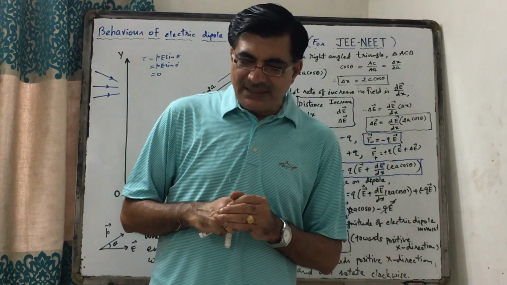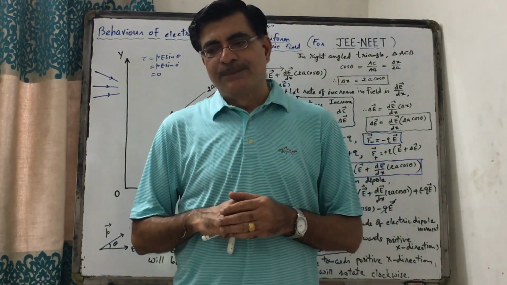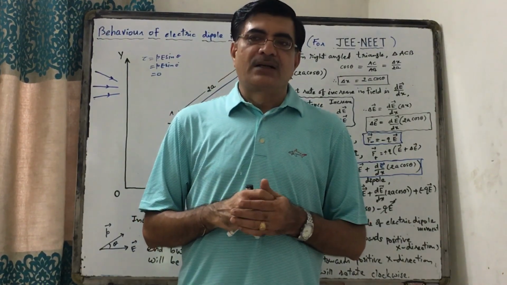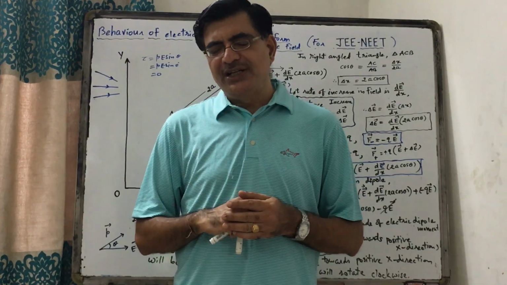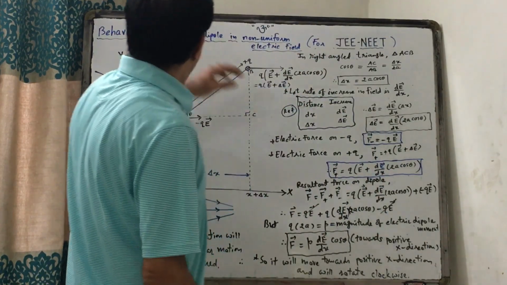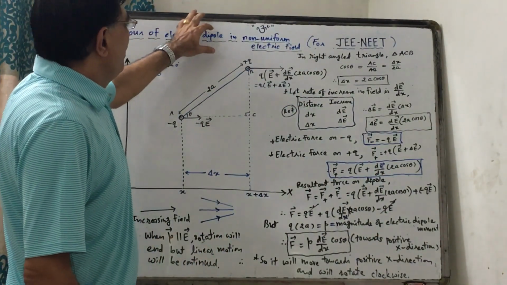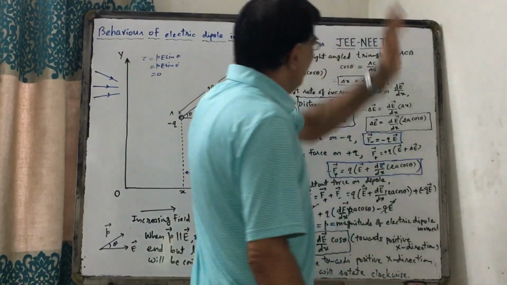In our NCERT textbook, they have taken a special case, but we have to discuss the general case in order to have knowledge for JEE and NEET. So this is our topic: behavior of an electric dipole in a non-uniform electric field for JEE and NEET.